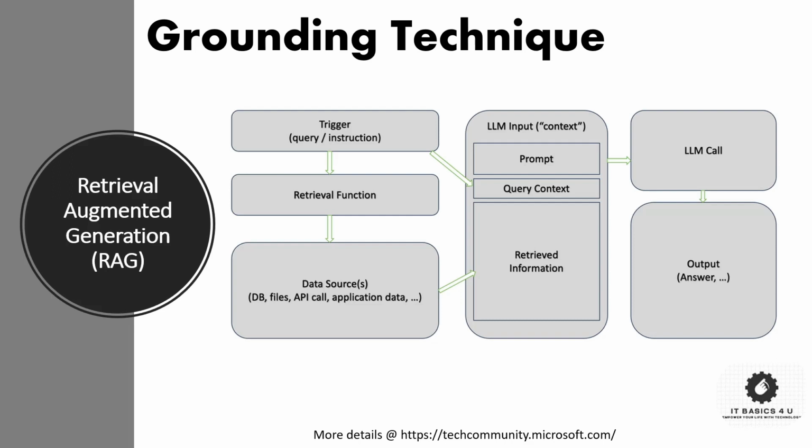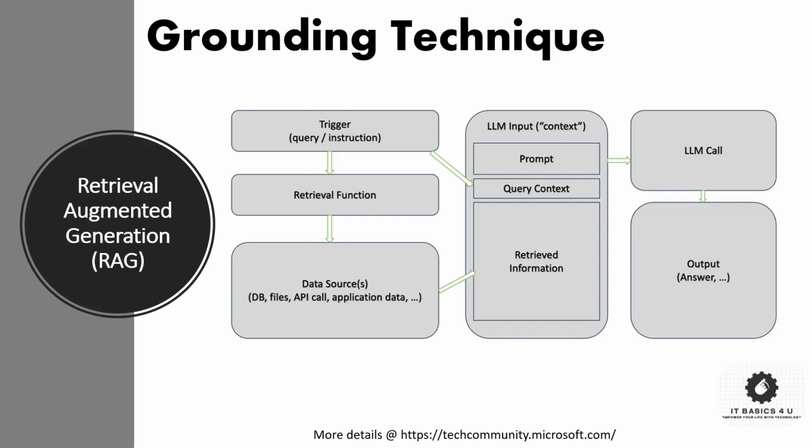RAG stands for Retrieval Augmented Generation. This is one of the techniques for grounding, and it's a process for retrieving the information relevant to your query, relevant to your instruction. It provides this to the language model with a prompt and a query, and then the model uses all that specific information to generate responses for you.